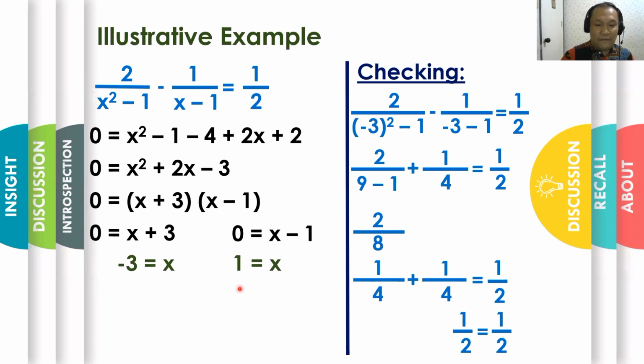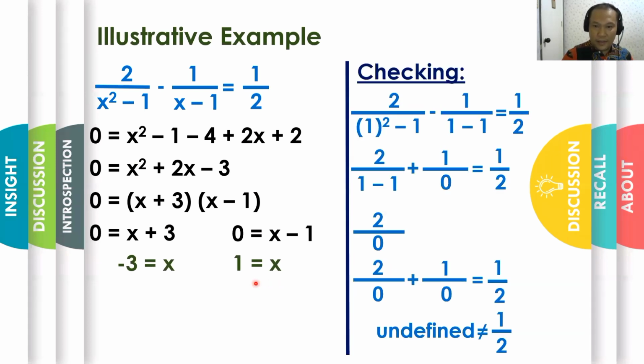Now, what about if x is 1? If x is positive 1, we substitute for the variable x, which is 1. Then we have 1 squared. Now we have 1. Next, 1 minus 1. Therefore, it is 0.